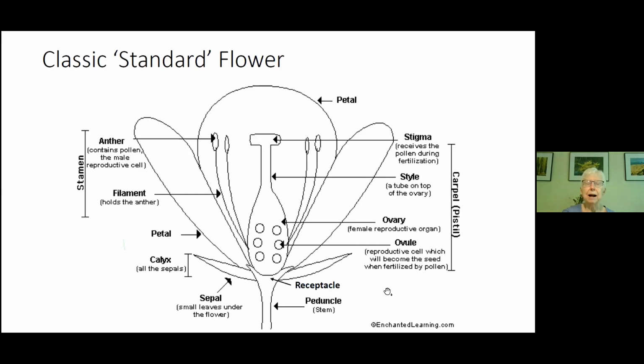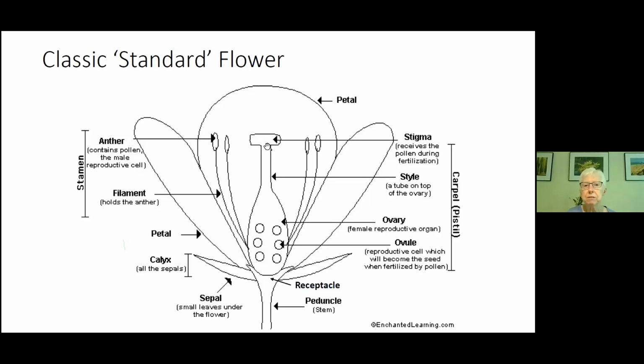The next whorl of flower parts in would be the male reproductive parts, the stamens, which consist of a filament tipped by an anther. The filament positions the anther to release the pollen, make the pollen available for dispersal. And in the center of a classic flower is the pistil or carpel. There can be more than one.